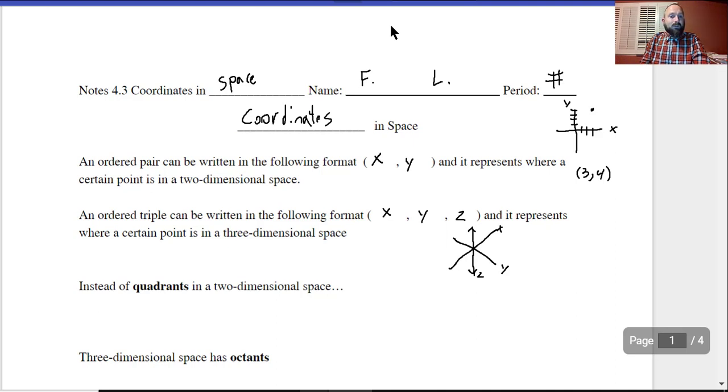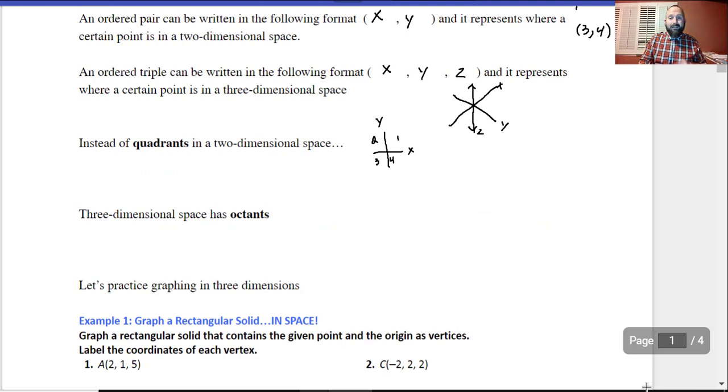So instead of quadrants, which is in two-dimensional space, where it's 1, and then 2, and then 3, and then 4, here's our x and our y. Three-dimensional space has octants.